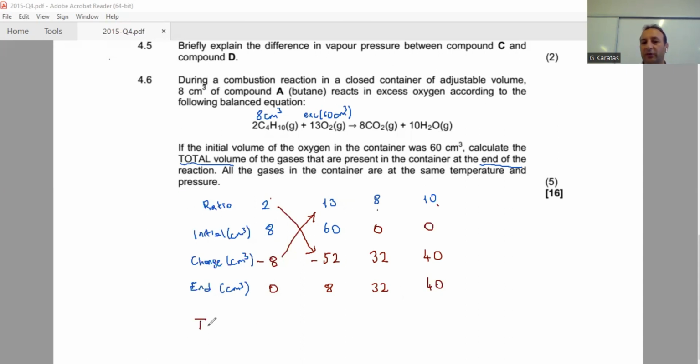So at the end of the reaction, the total volume will be 8 cm³ of oxygen, 32 cm³ of CO2, and 40 cm³ of H2O. In total, it's going to be 80 cm³. That's the answer for this question.